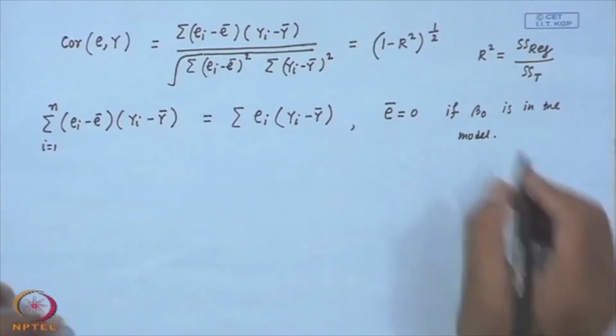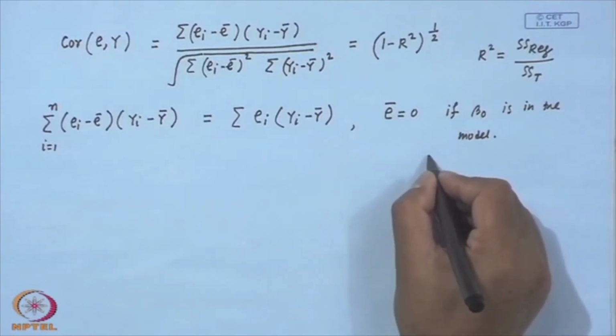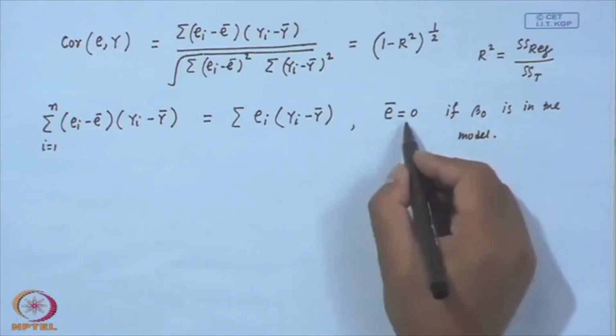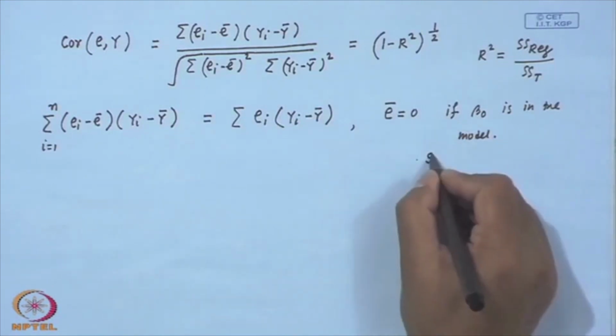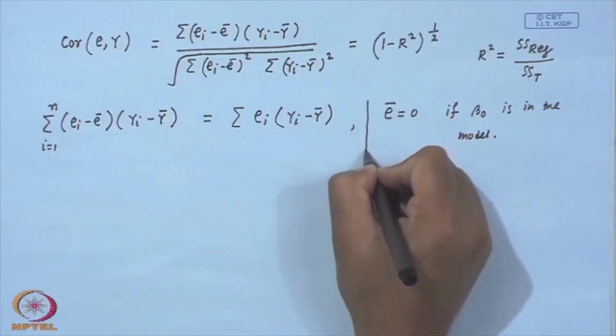Because if beta naught is in the model, then while differentiating the least square function S with respect to beta naught, we get summation E i equal to 0, and from there E bar is equal to 0. Okay.